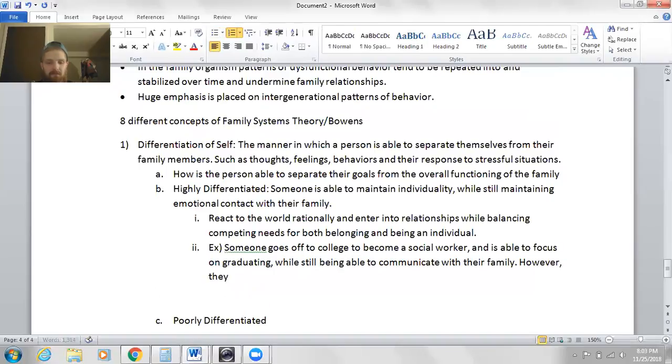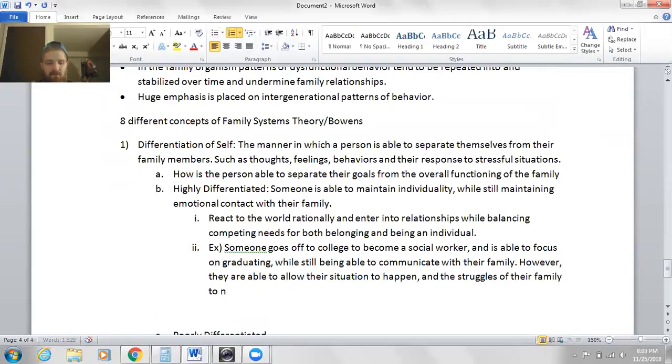However, they are able to allow their situation to happen and the struggles of their family to not be their entire responsibility.